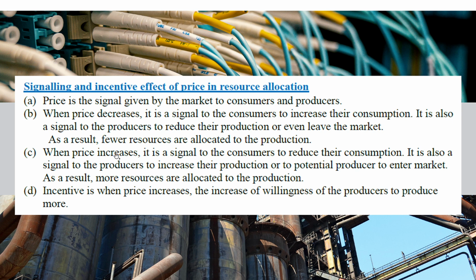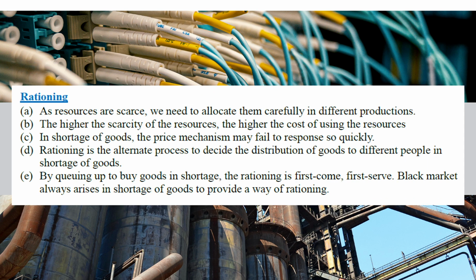When the price increases, it is a signal to consumer and producer. Sorry, signal and incentive can both apply to consumer and producer, no difference for IBDP. Incentive is when the price increases, the willingness of the producer to produce more increases.